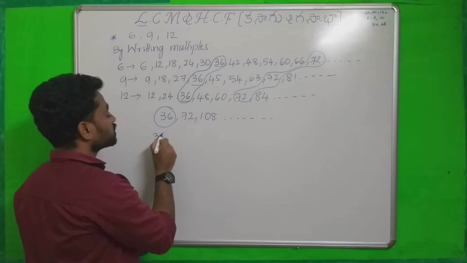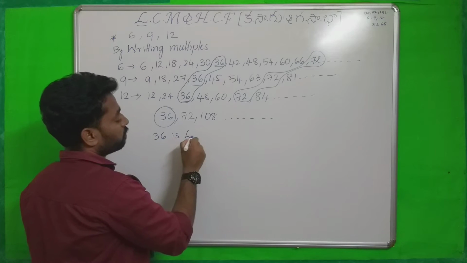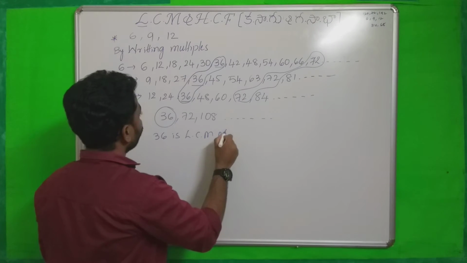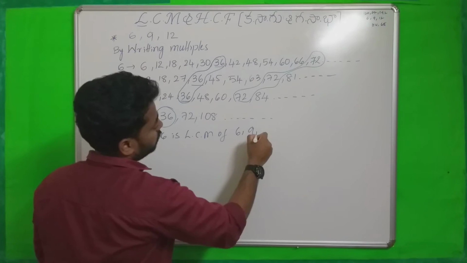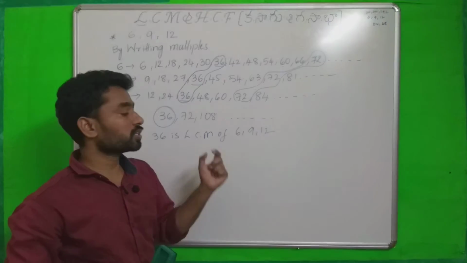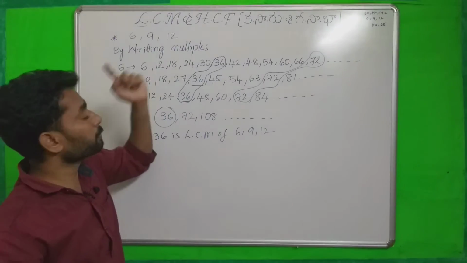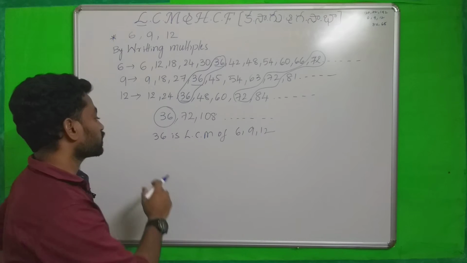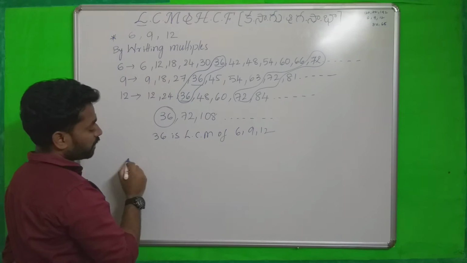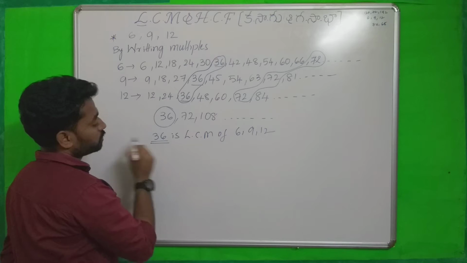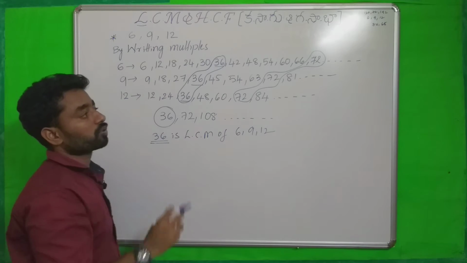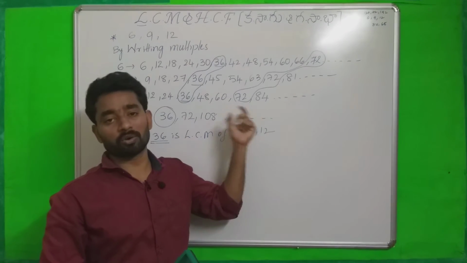So 36 is the LCM of 6, 9, 12. This is the LCM process by writing multiples. You need to understand this is a very long process.